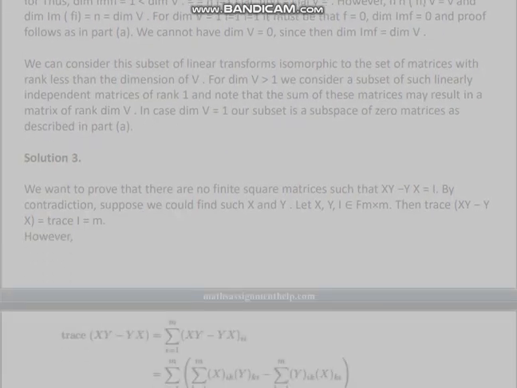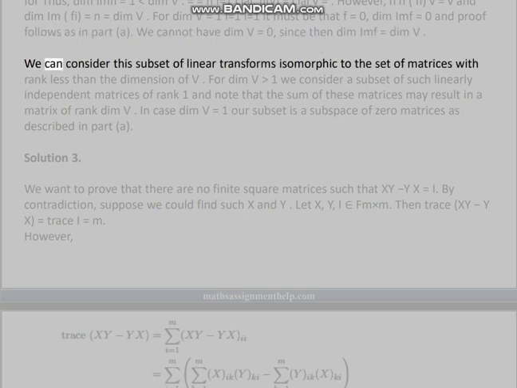Then dim Im φ = 1 < dim V. However, the sum over i of φ_i(v) equals v and dim Im = n = dim V. For dim V = 1 it must be that F = 0, dim Im F = 0 and the proof follows as in part A. We cannot have dim V = 0, since then dim Im F = dim V.